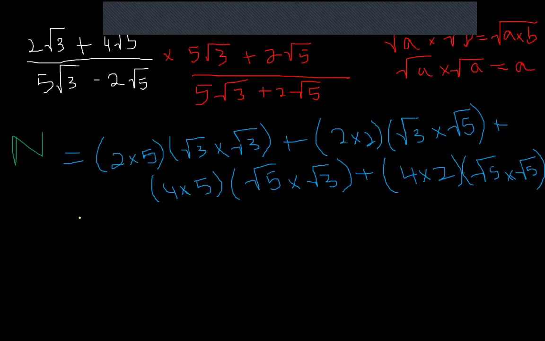So let's simplify this. We already said that this was 30. That's what we were doing just now, the 2 by 5 and then root 3 by root 3. Right. So 2 by 2, that's 4. And this, root 3 times root 5.